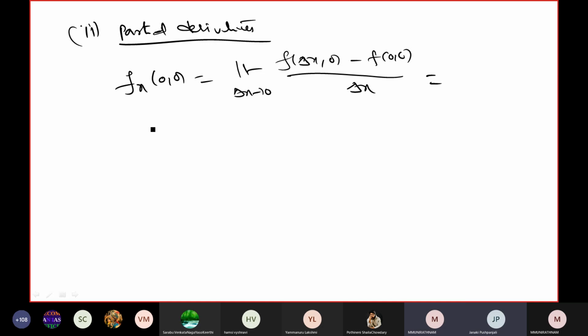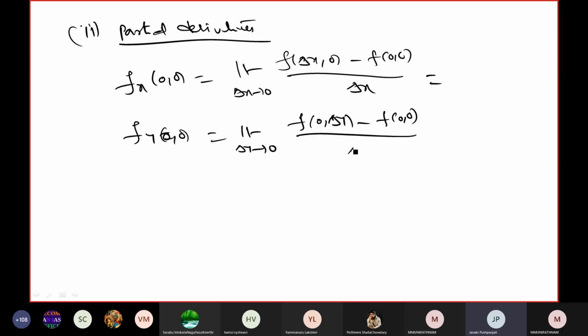And the value? You can verify, this is 1, this is minus 1. Now I go for the third one.